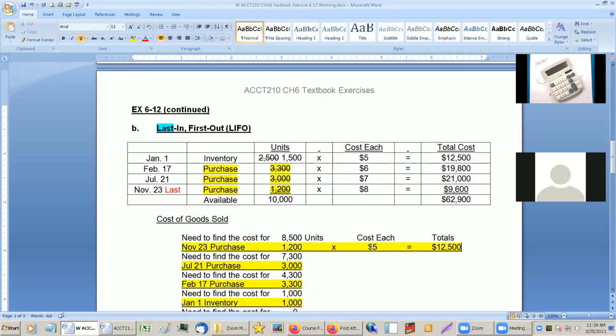Okay, so the purchase we had 1,200 times 8, 9,600.